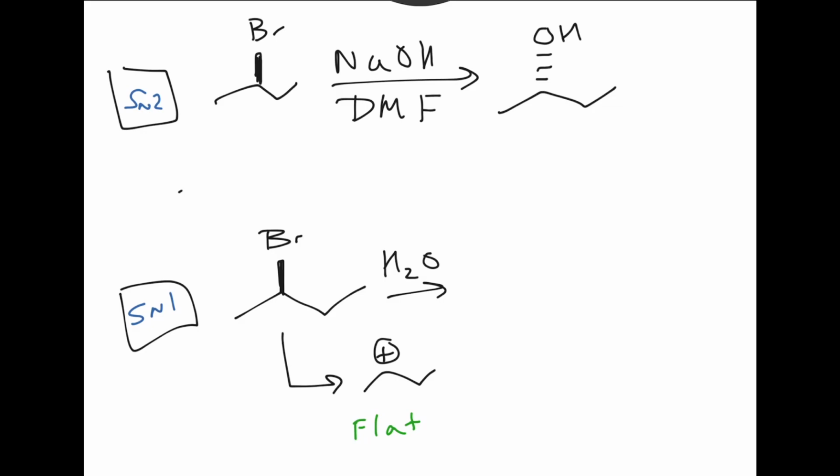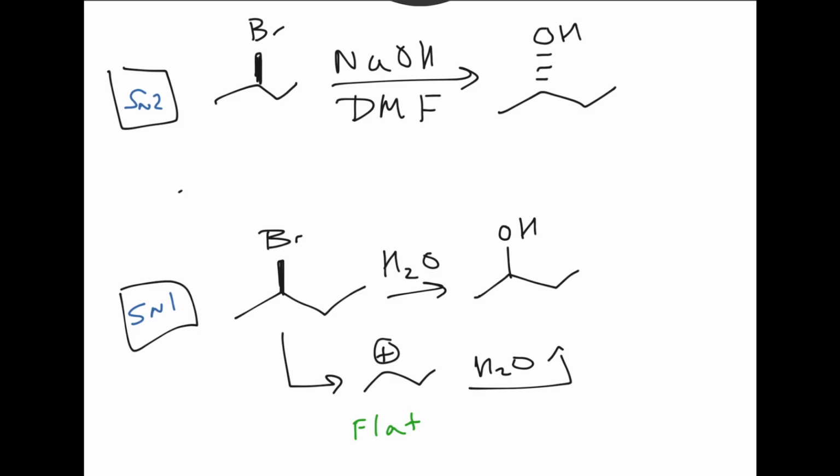So what that means is you have a 50% chance of your nucleophile coming from the top and a 50% chance of your nucleophile coming from the bottom. So what that ends up being is you end up making a racemic mixture. You get a one-to-one mixture of wedge and dash. So what I usually just have you guys do is I don't have you worry about the stereochemistry. I just have you draw it as if it had no stereochemistry because it's a one-to-one mixture.